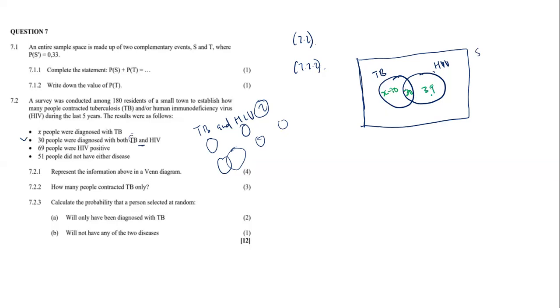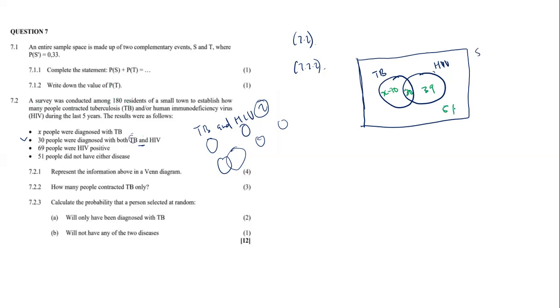Then, 51 people did not have either disease. That means 51 people do not have TB or HIV. Remember, the survey was conducted among 180 residents, so the remaining number will come here.